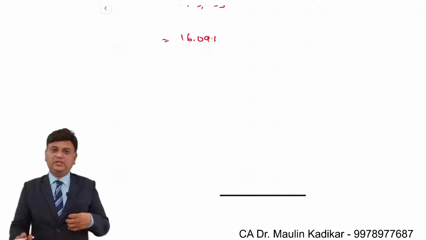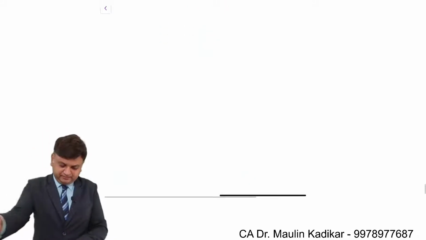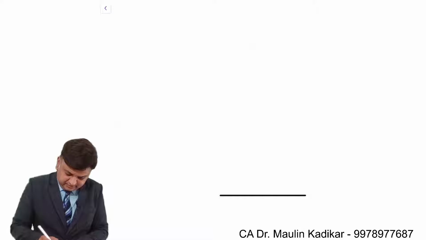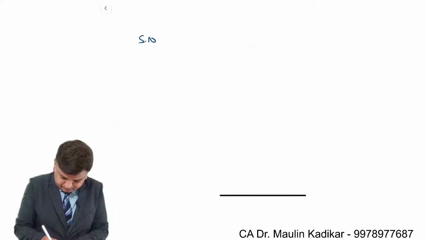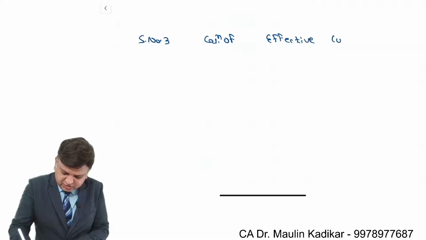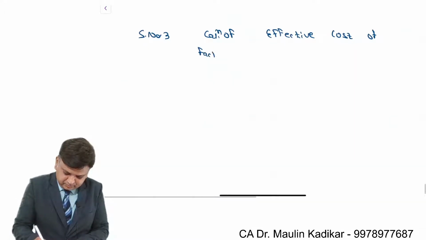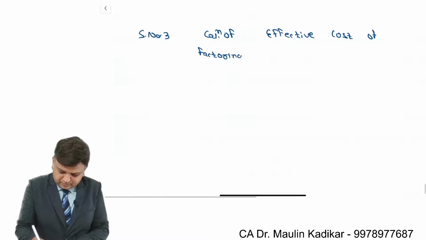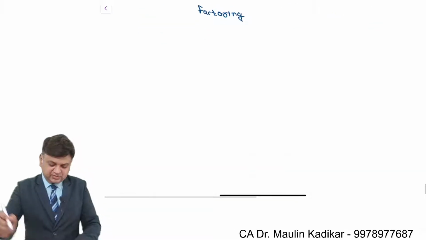Step number 2, loan amount will remain same. Now step number 3, calculation of effective cost of factoring. In that, you are required to mention something like this.